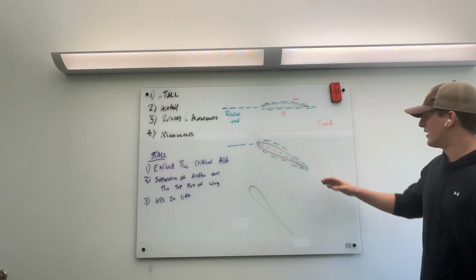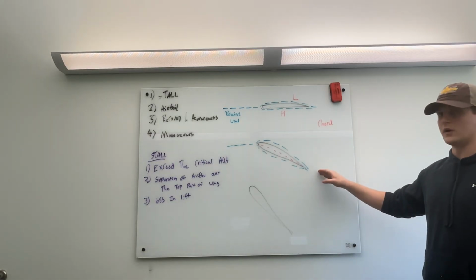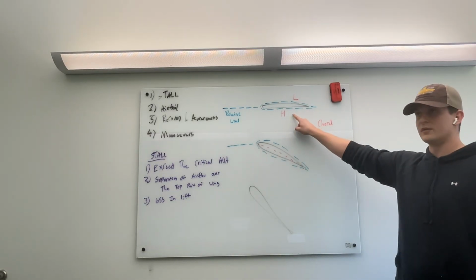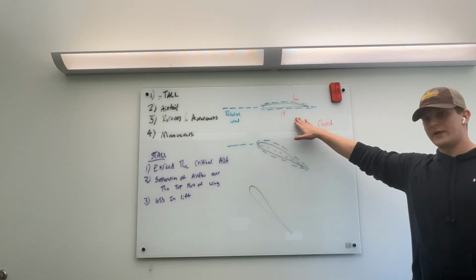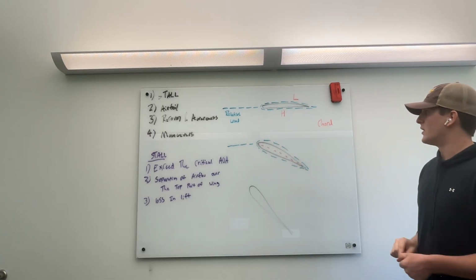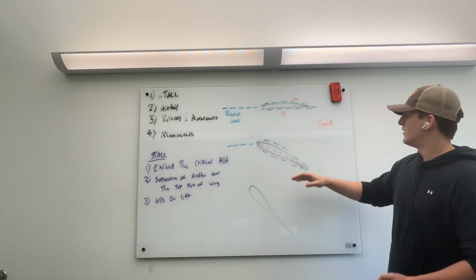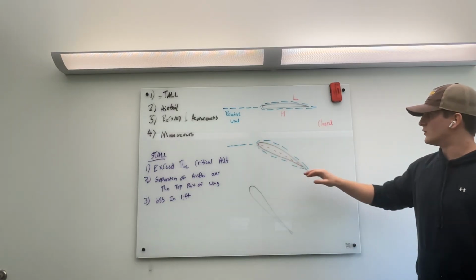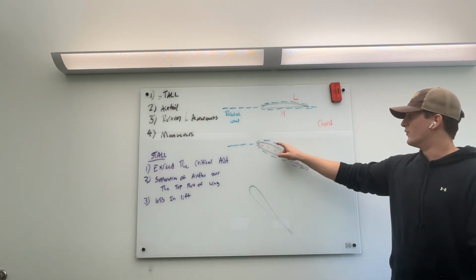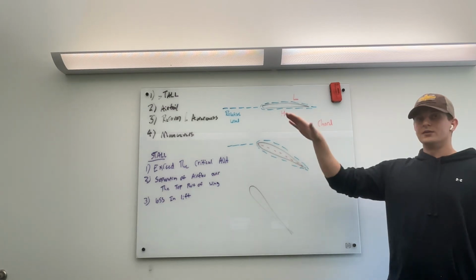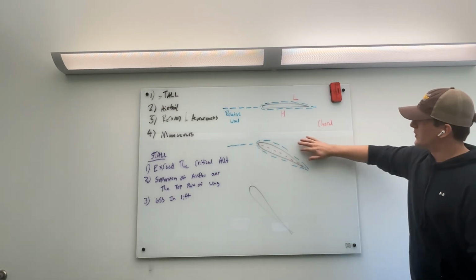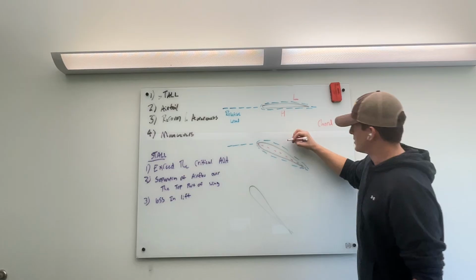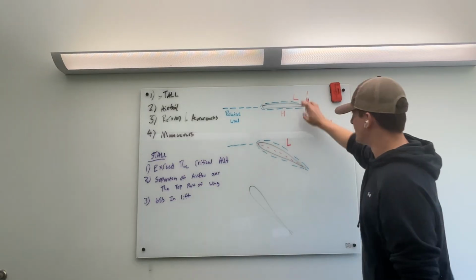So this angle of attack on this airfoil is pointed up more than this one in our straight and level flight example. We have more surface area that this relative wind has to interact with over this top part of the wing because it's angled up. So literally this top part of the wing has a lower pressure than this one.